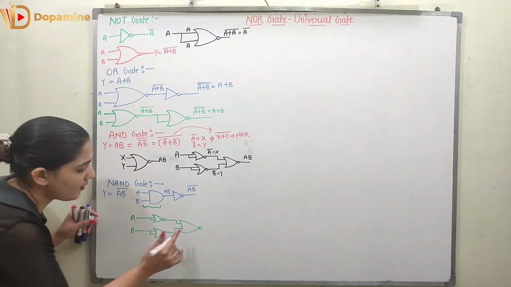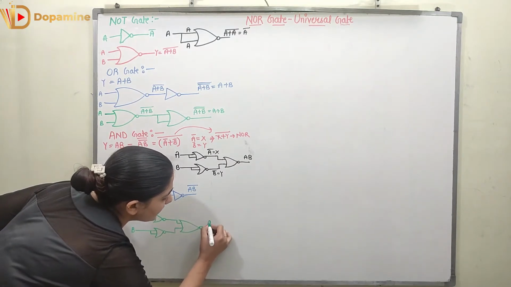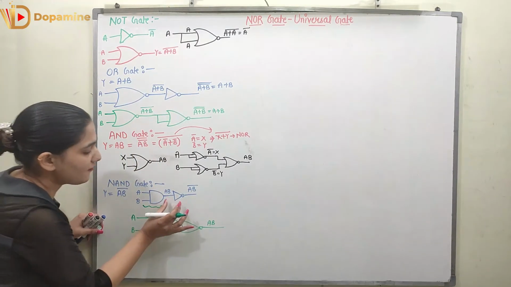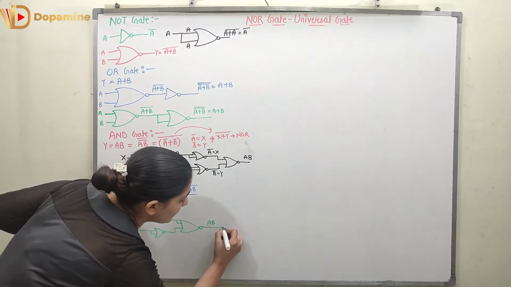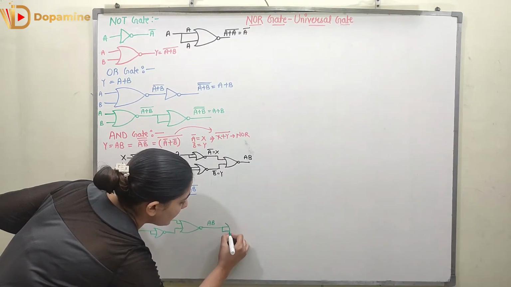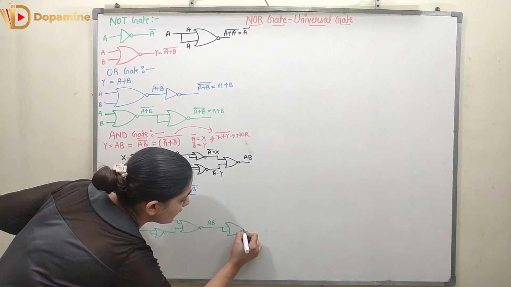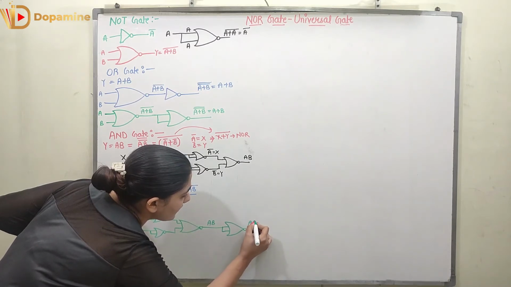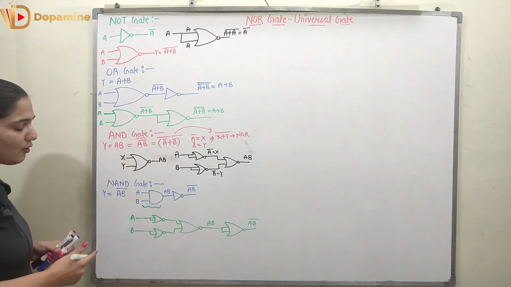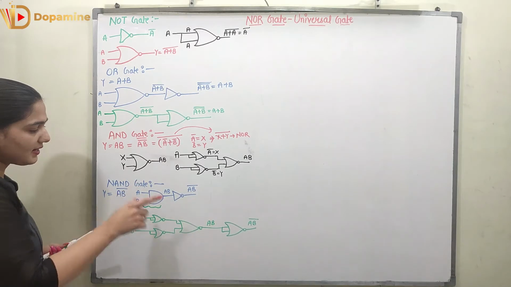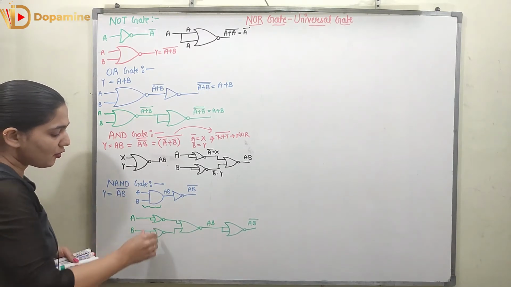So this is how here I will be getting AB, right? I have to send now this AB to the inverter. So now I will again use a NOR gate and I will get AB bar. So this is how I can make the NAND gate using the NOR gates only.